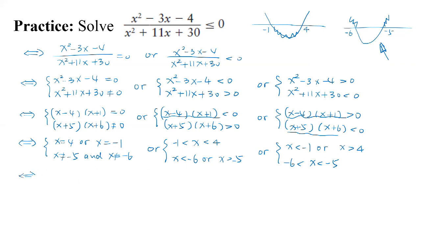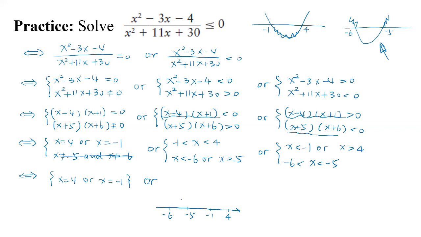Let's try to simplify them. First one, x is 4 or x is minus 1. Of course, when x is 4 or x is minus 1, x cannot be minus 5 or minus 6, so we can just cancel this, right? Next branch, we can consider this using a number axis. There are 4 numbers: minus 6, minus 5, minus 1, and 4, right?